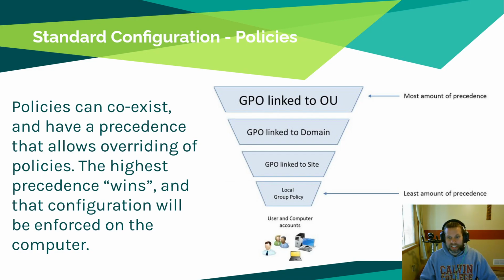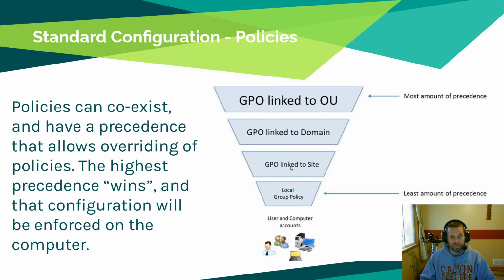Policies can coexist, but have a precedence that allows overriding of policies. The highest precedence wins, and that configuration will be enforced on the computer. So, if I have a local computer and I set up local group policy, that will apply if there's nothing above that to override it.